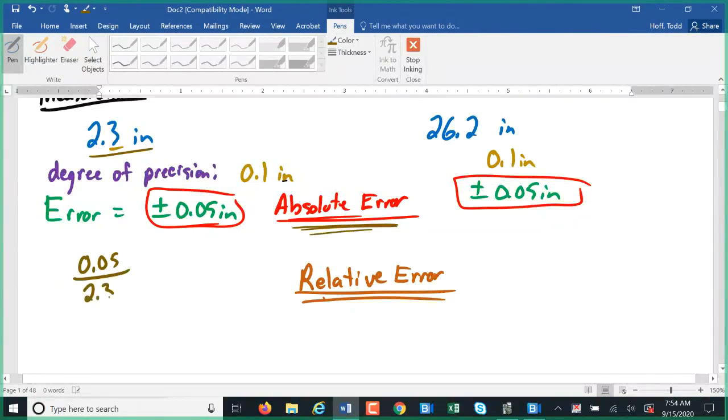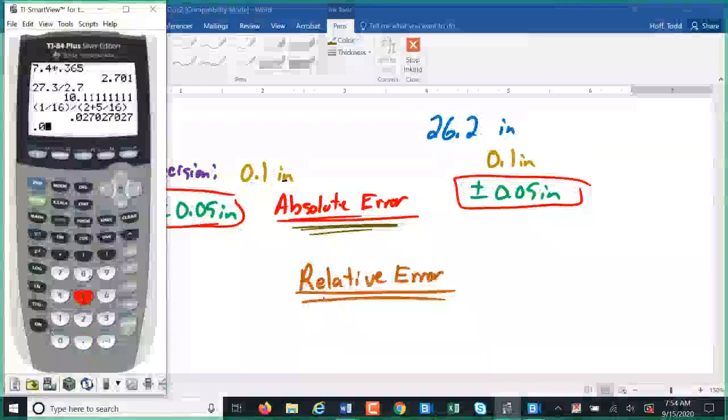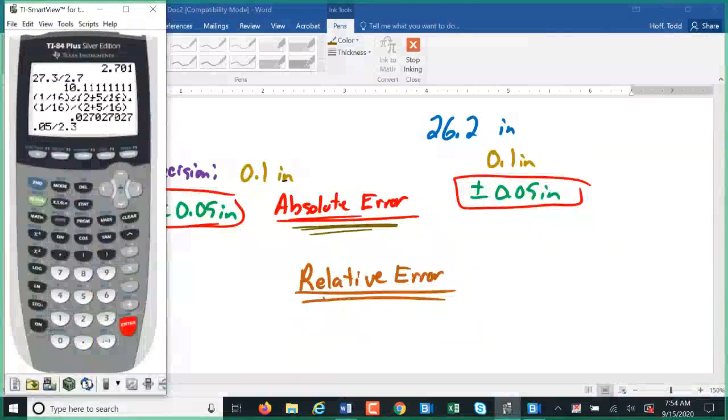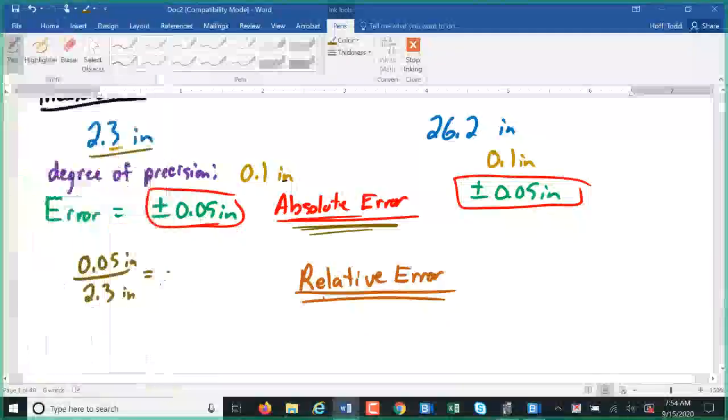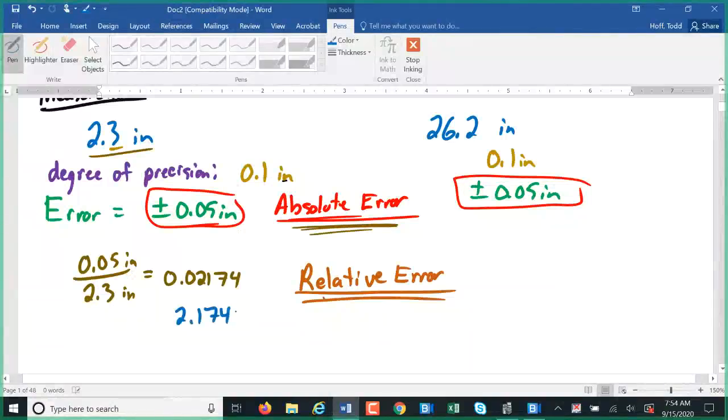We can put that in there in place of the actual measurement, because we know the actual measurement should be really close to that. The 0.05 divided by 2.3 gives us 0.02174. Now, if I convert that to a percent, that's 2.174%.